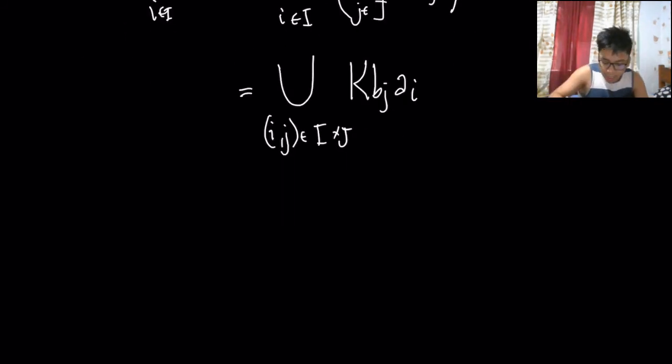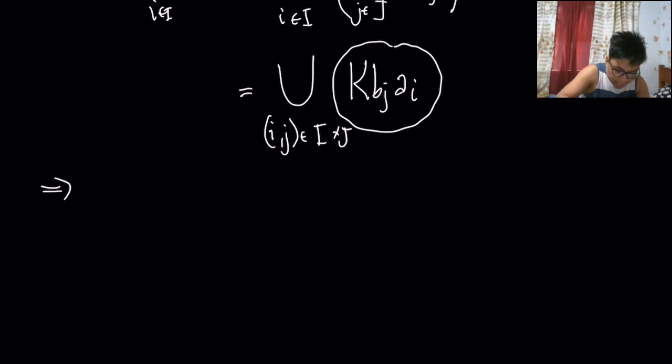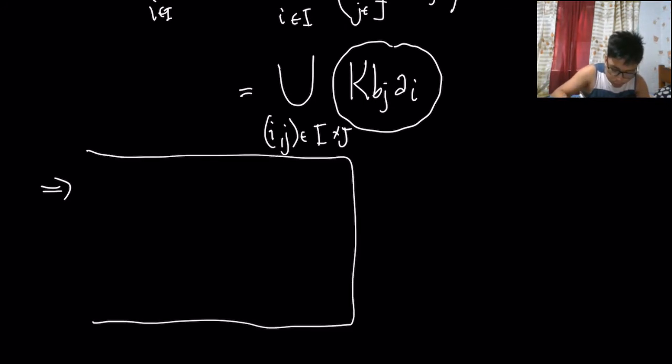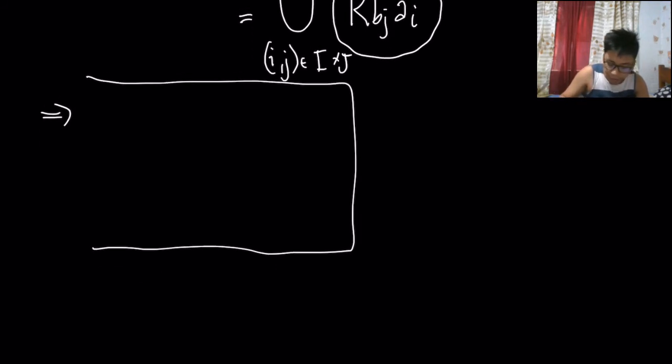By this, it suffices to show that these cosets are also mutually disjoint. By that we can jump to the conclusion. But in order to show first that this is mutually disjoint, let's consider this first.